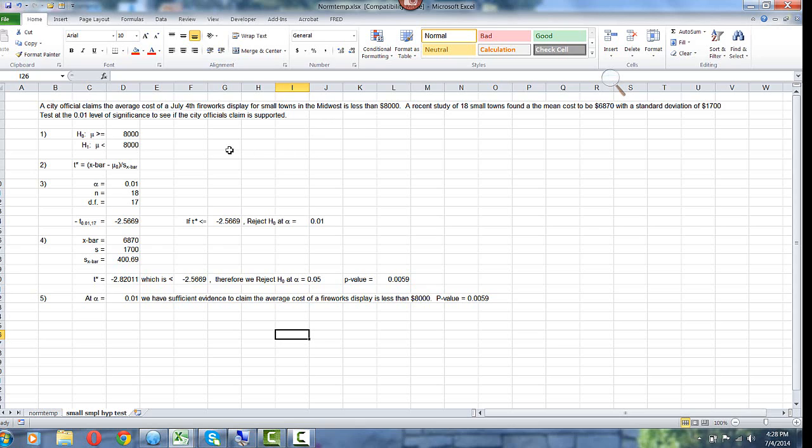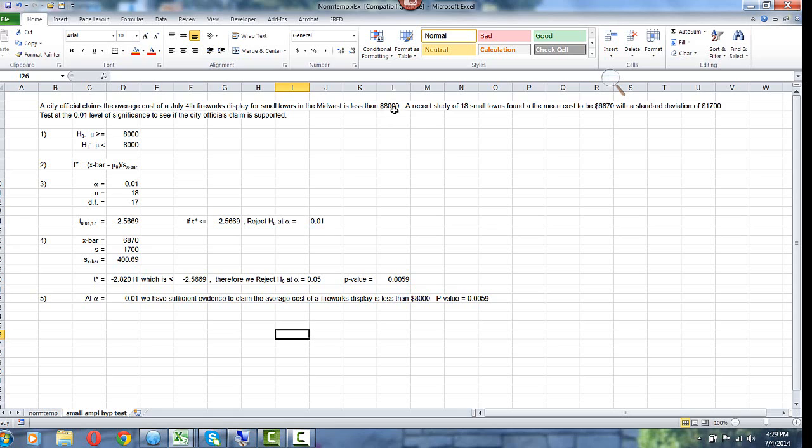Now, you'll see in the notes again that what we're going to do for this class is always have the strict inequality in the alternative. So if this had said, and this is the weakness of that particular rule, test that the average cost of fireworks displays in small towns in the Midwest is no more than $8,000.